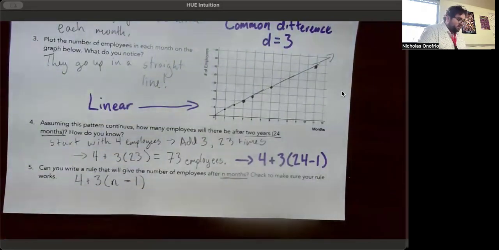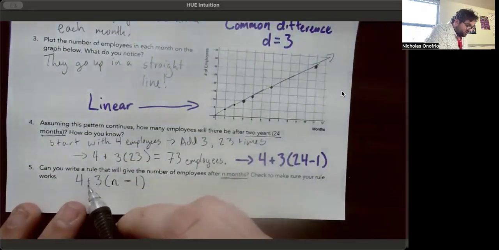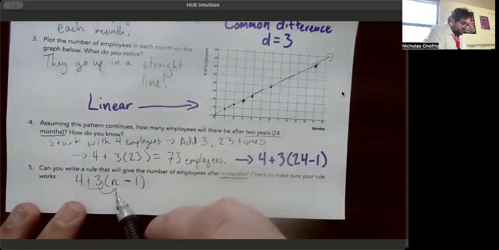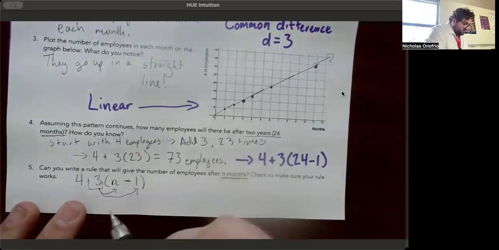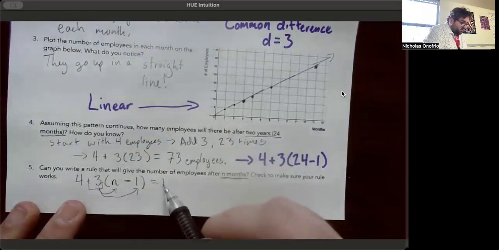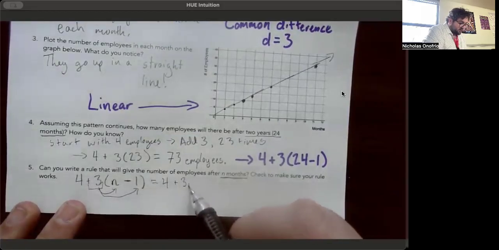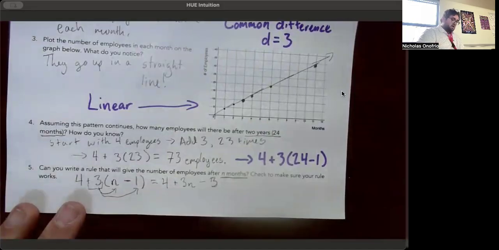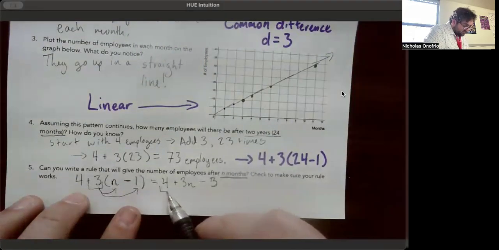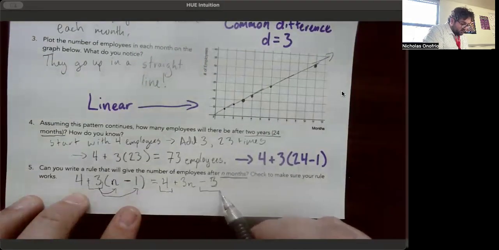And then we can rewrite this equation using our distributive property. So let's distribute that 3. This is going to become 4 plus 3n minus 3. And then we look and say, okay, I've got my 4, my minus 3.